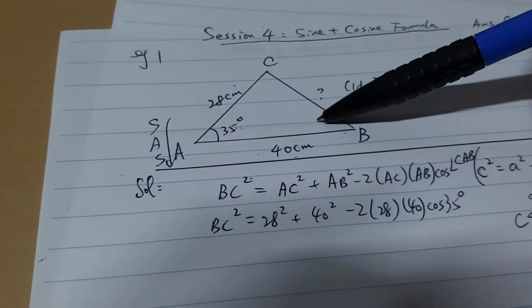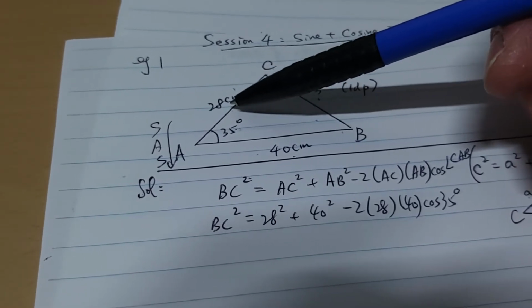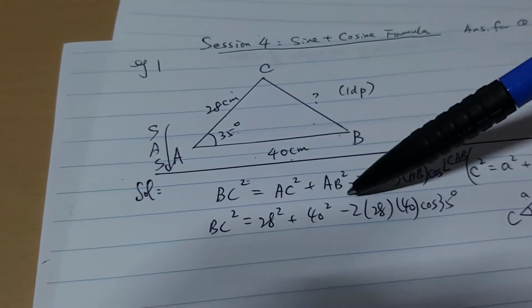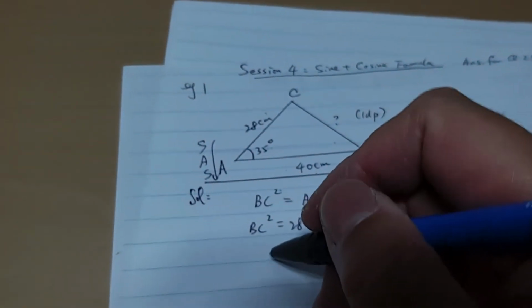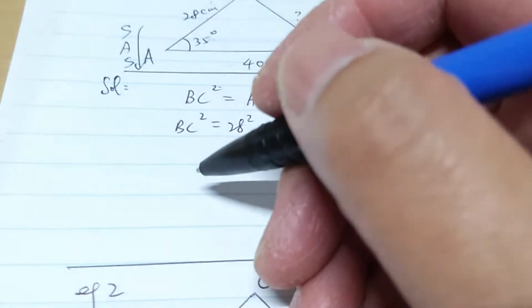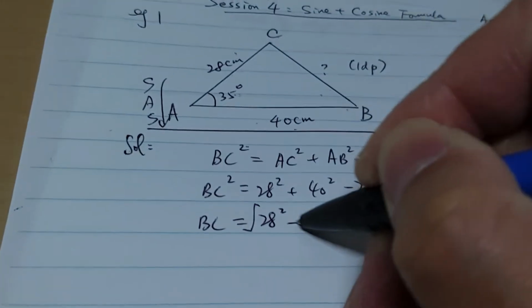So the opposite side, BC squared, is the square of this side plus the square of this side, and then minus 2AB cosine C. Therefore, BC is the square root of this.